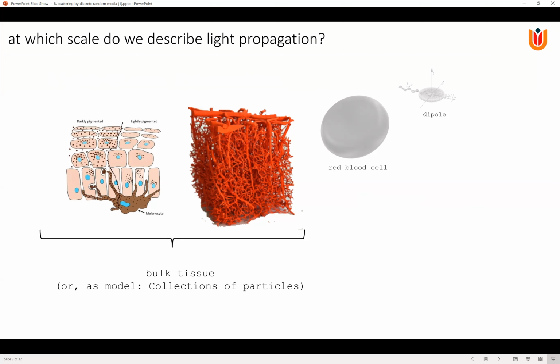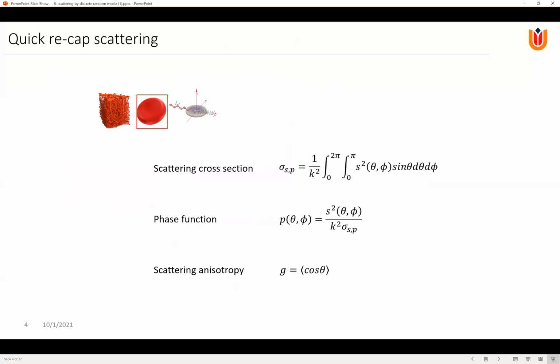And we'll do it again, but for now, we'll be looking at this larger scale. So at vasculature scale, at bulk tissue scale, or in the model parlance, collections of particles that describe a larger volume of tissue.